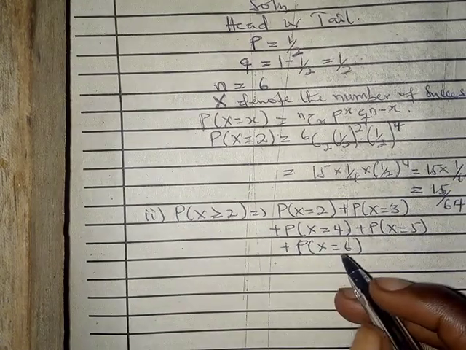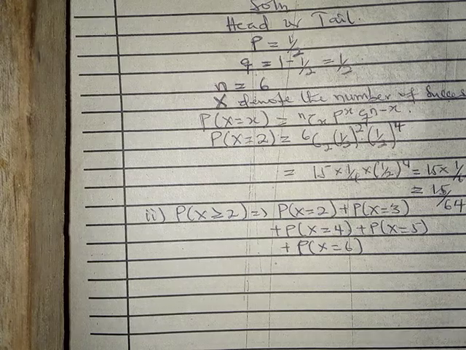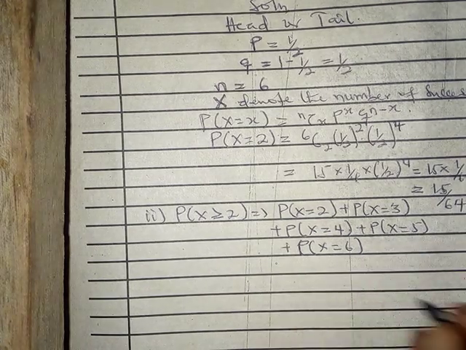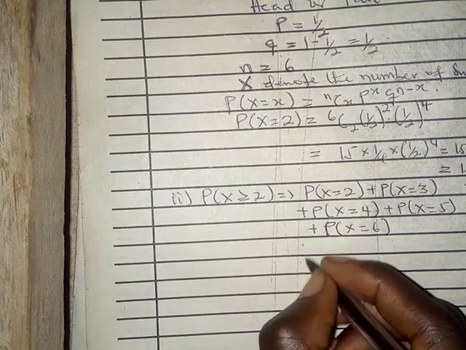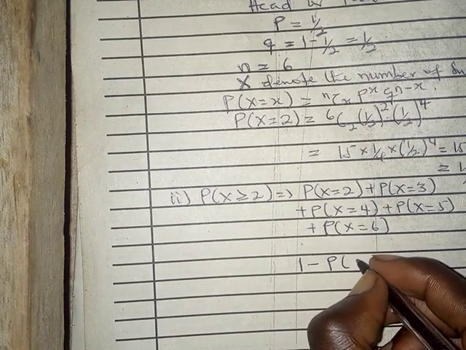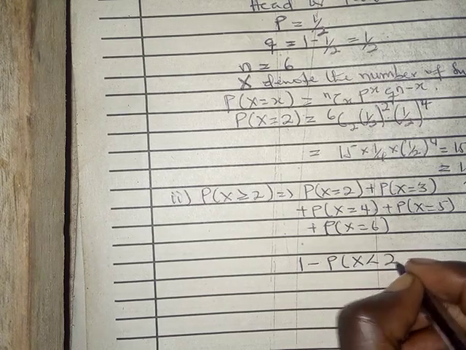So whenever you hear "at least," you can simply say that at least 2 is 1 minus P of X less than 2.